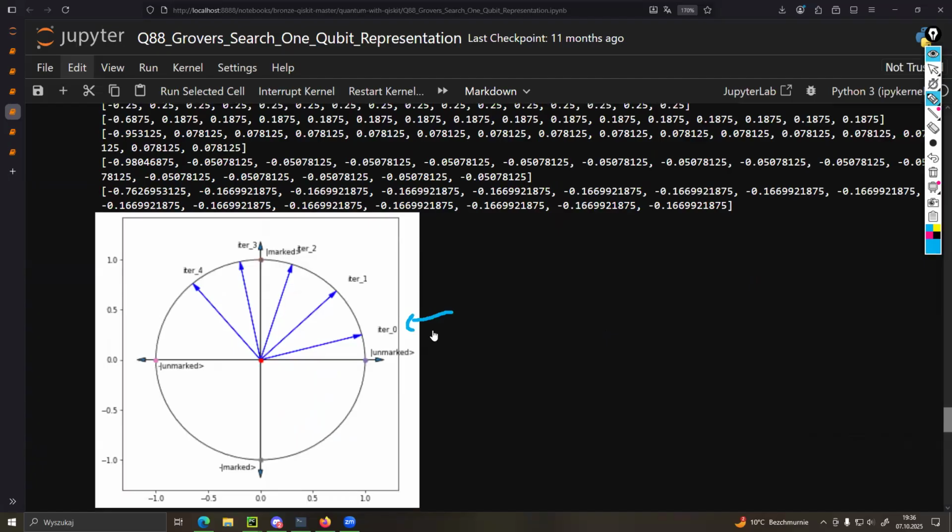So this is our initial step, and every single step, as you probably can see, rotates us by a single angle around the unit circle.